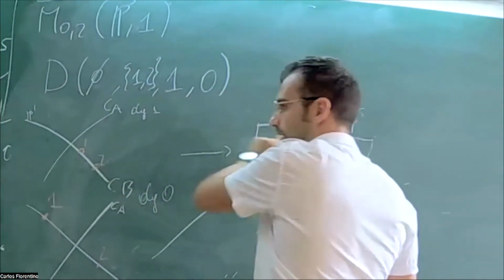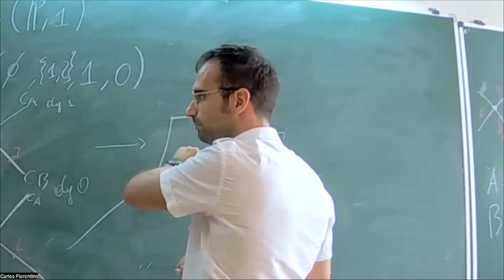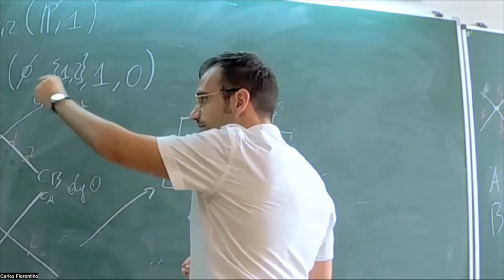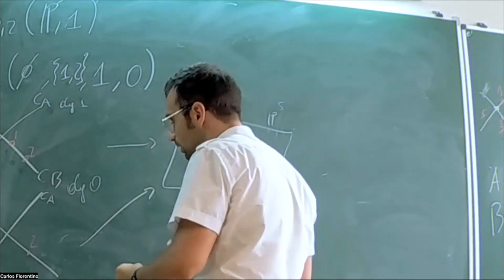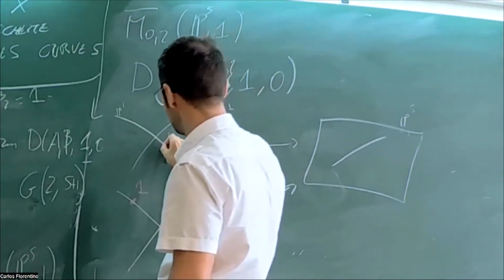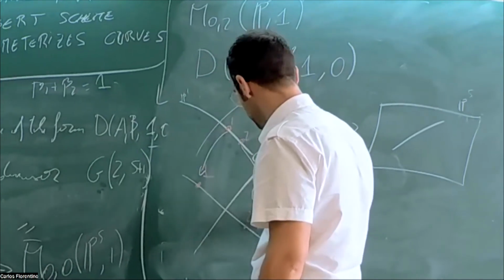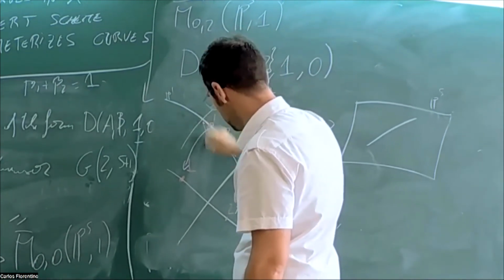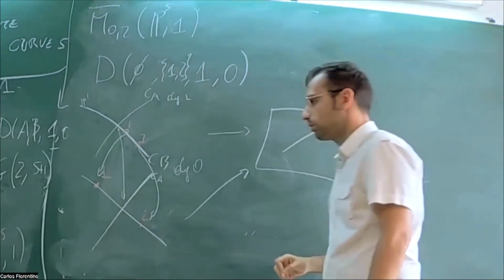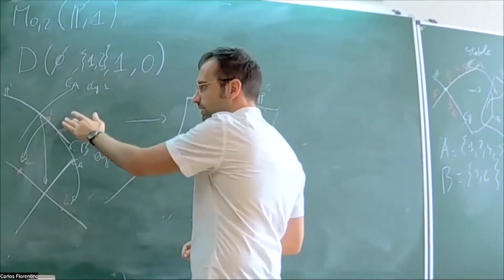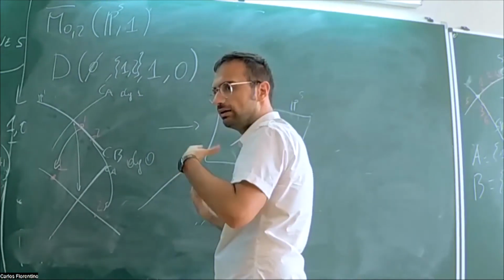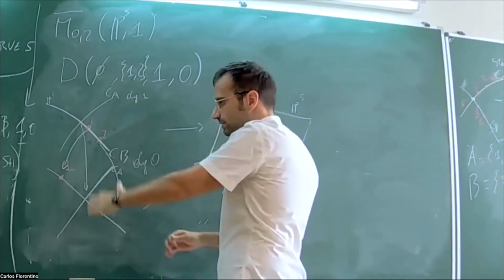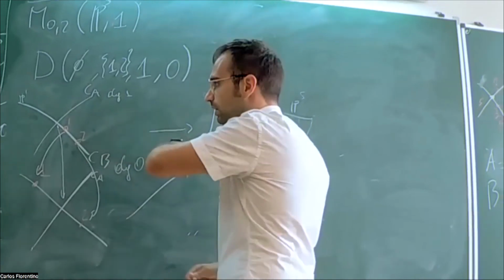This P1 is contracted, so I don't care about its image. But since the automorphism group of P1 is 3-dimensional, I have enough automorphisms to send this point here, and this point here. So this map and this map are isomorphic, and since I study maps up to isomorphism, this is exactly the same object.